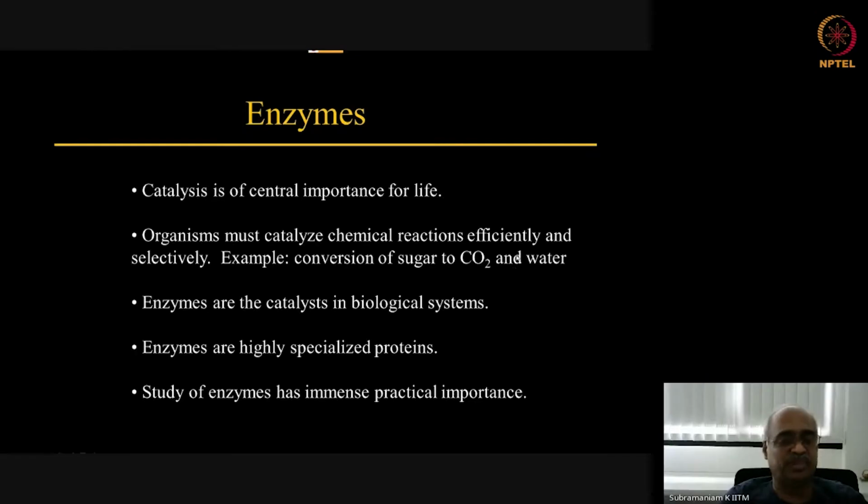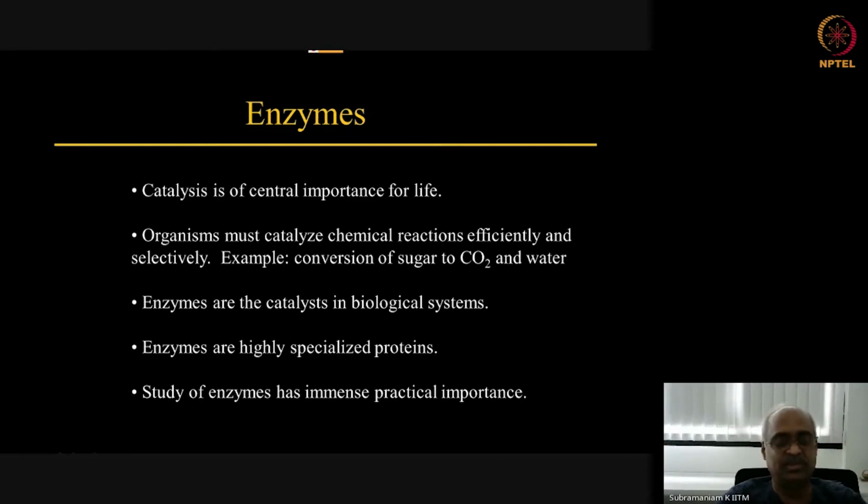And these reactions have to happen very efficiently, and they have to be very selective. So the substrate specificity, substrate being the reactant in these reactions. So the catalyst has to be very specific for those substrates. So the selectivity is very important. And we have already seen one good example.